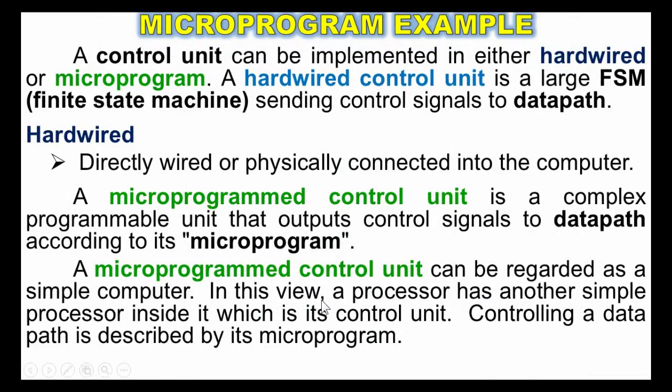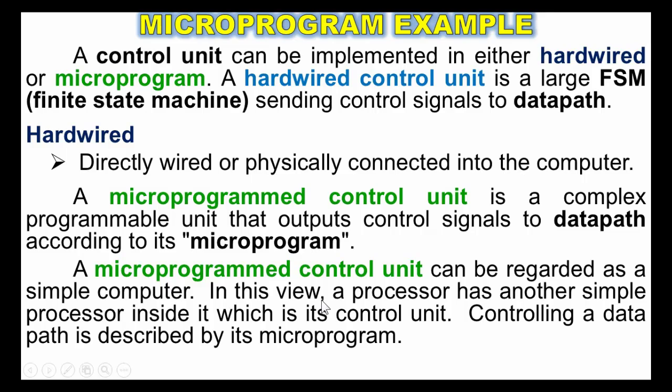A control unit can be implemented in either hardwired or microprogram form. A hardwired control unit is a large finite state machine sending control signals to the data path. The term hardwired means directly wired or physically connected into the computer.